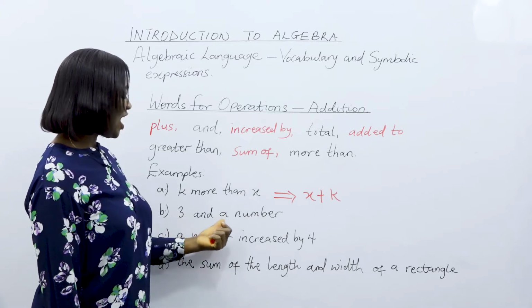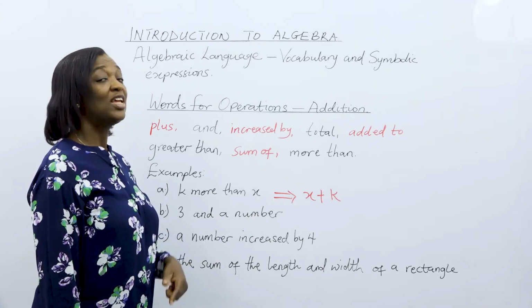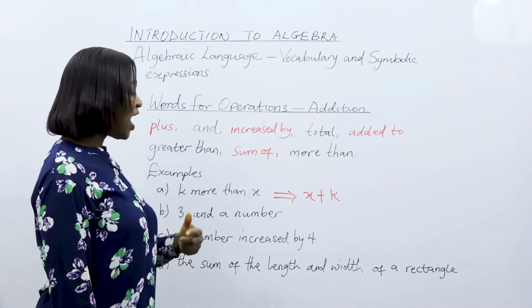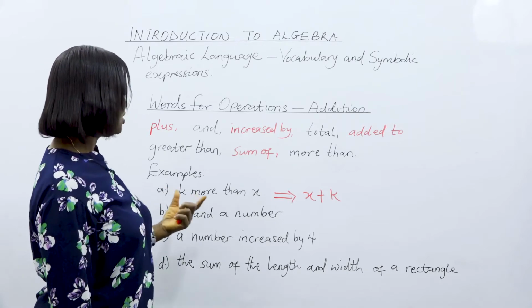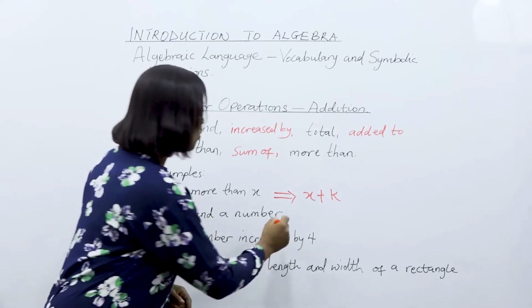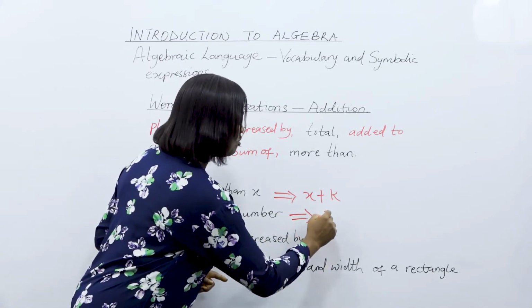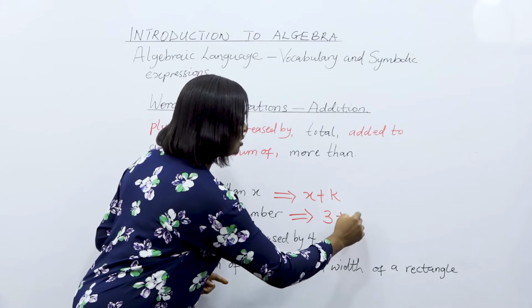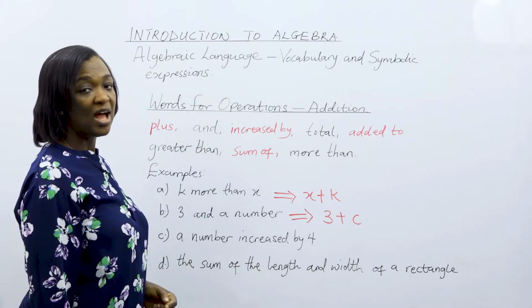3 and a number. We don't know what the number is. So you say, let the number be any alphabet of your choice. Let the number be C. So 3 and the number would mean 3 plus C, because I have chosen C as my unknown.